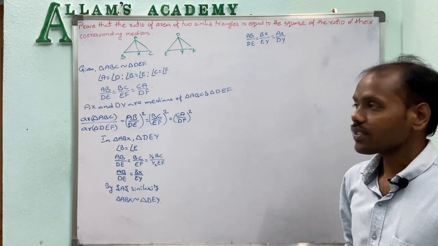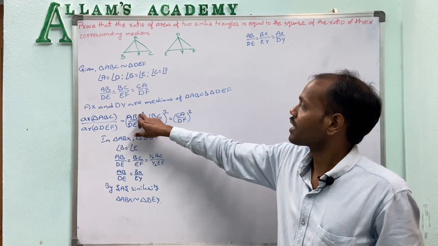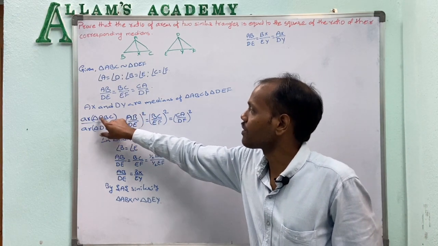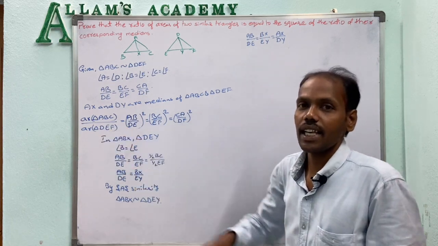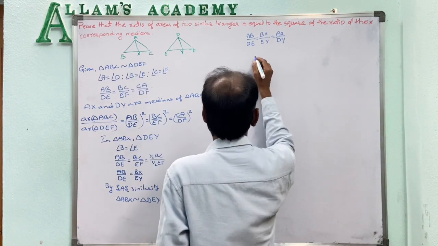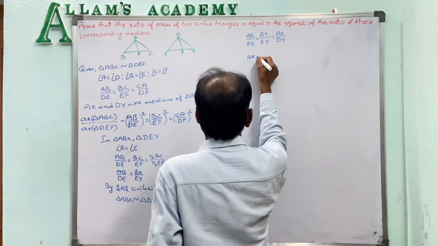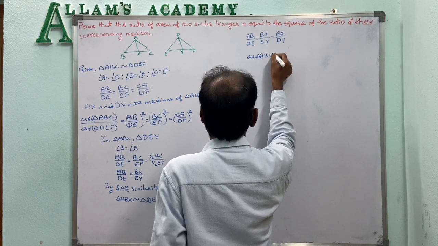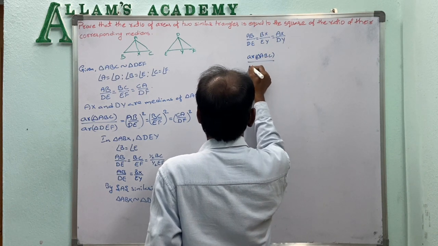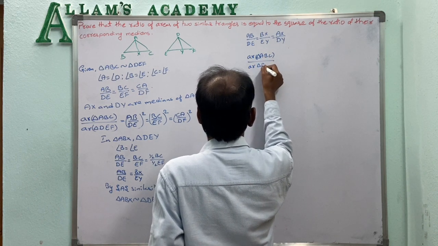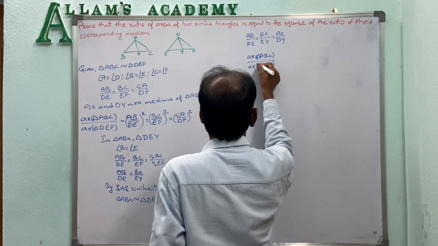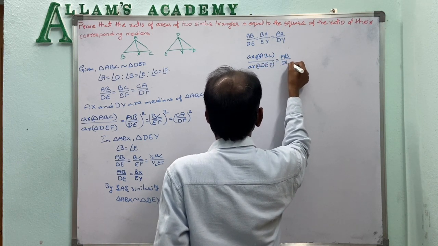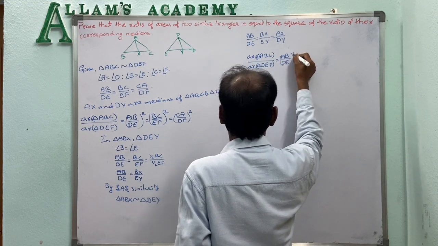So from here we know that AB by DE whole square is nothing but area of triangle ABC by area of triangle DEF. So area of triangle ABC by area of triangle DEF equals AB by DE whole square.